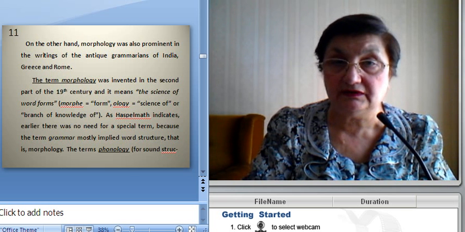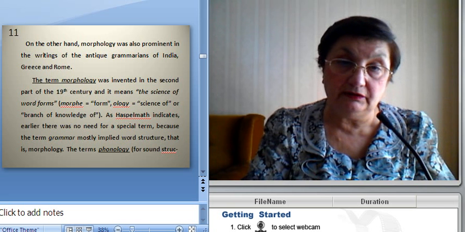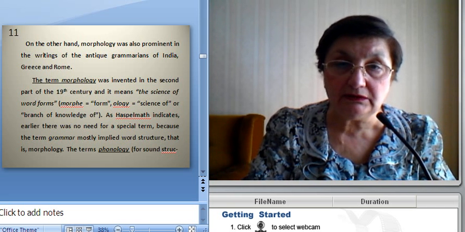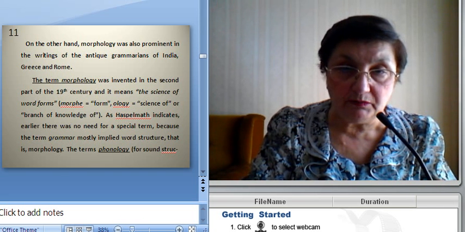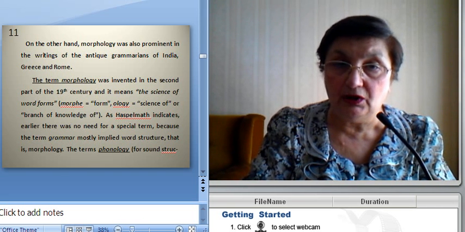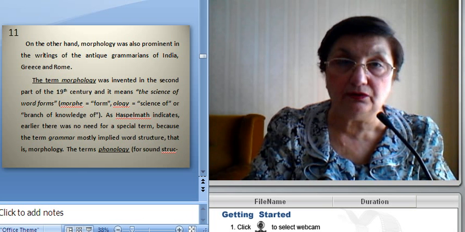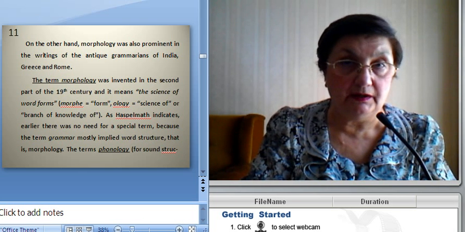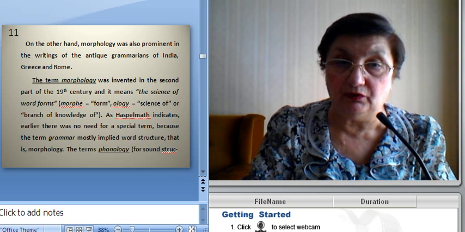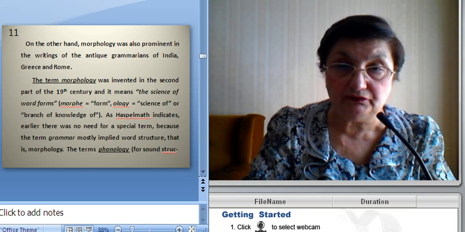The term morphology was invented in the second part of the 19th century, and it means the science of word forms, morph indicating a form and logy indicating science of or a branch of knowledge of. As Haspelmath indicates in his book Understanding Morphology, earlier there was no need for a special term because the term grammar mostly implied word structure, that's morphology.